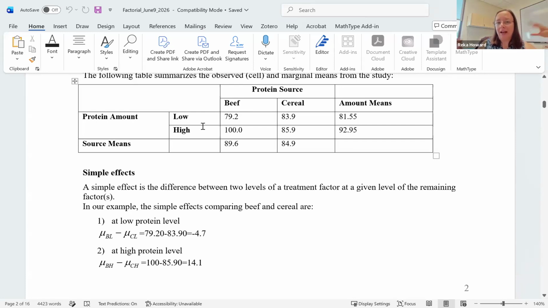Because if they act differently, I can't say that beef is better, because beef is better where? At the low level or high level? On average, yes, we can say something, but it's kind of wrong, because if at low it's lower, and then at high it's higher, then I am missing some information.